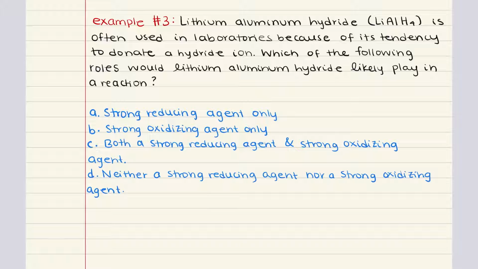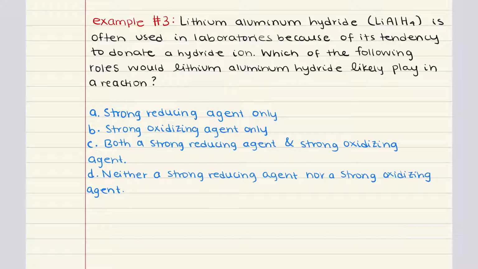Remember that a reducing agent is a substance that donates electrons to another substance in a redox reaction, thereby reducing the oxidation state of that substance. The reducing power of lithium aluminum hydride stems from its ability to donate a hydride ion, which is a hydrogen atom with an extra electron.